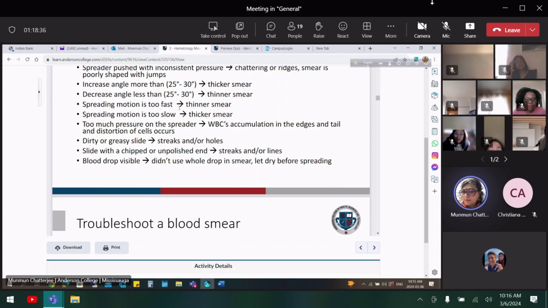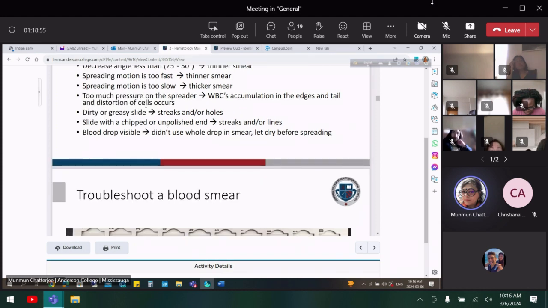So what is the angle for spreading the slide? 25 to 30. For a thicker smear, like in malaria blood, that's a 45-degree angle. Spreading motion too fast, thinner smear. Spreading motion too slow, thicker smear. Too much pressure on the spreader: what happens?